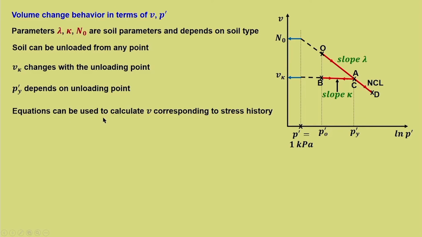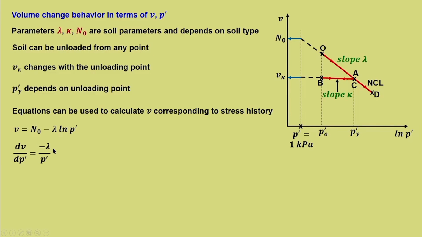So, equations can be used to calculate V corresponding to stress history. By knowing the previous equations, we can calculate the specific volume corresponding to different stress histories, whether it is here or on this. V is equal to N naught minus lambda ln P dash, whatever we have written earlier. If you differentiate this with respect to P dash, we will get dV by dP dash is equal to minus lambda by P dash.